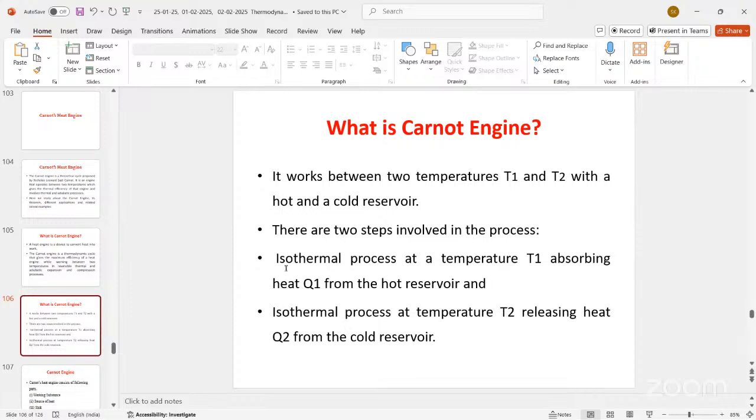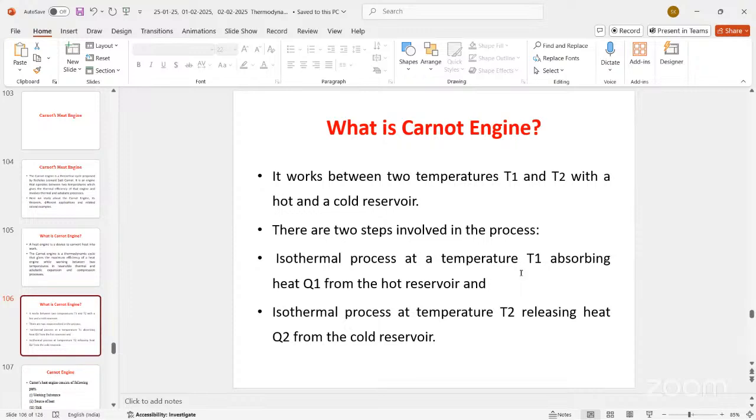The next is the isothermal process at T2, releasing heat Q2 to the cold reservoir.